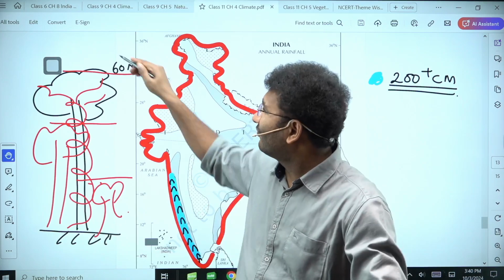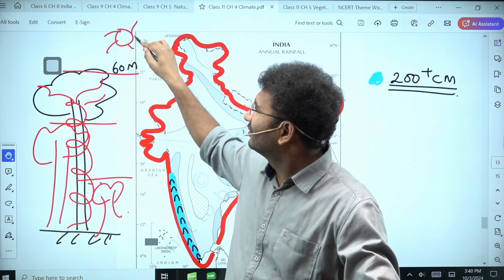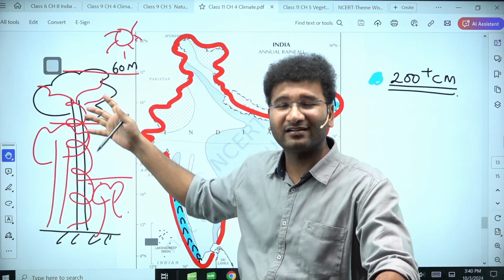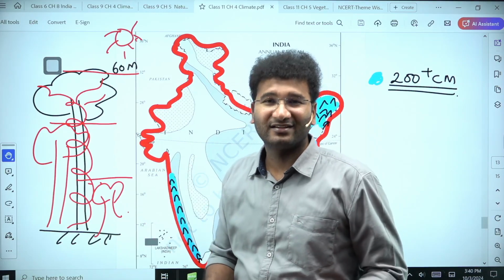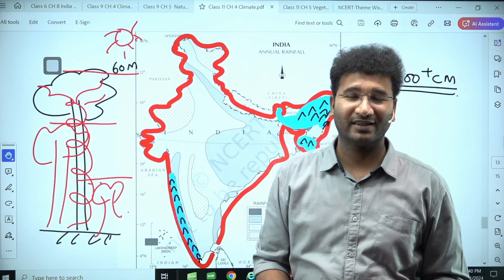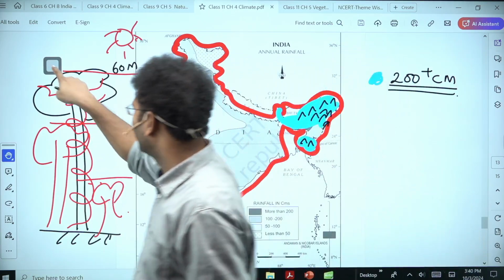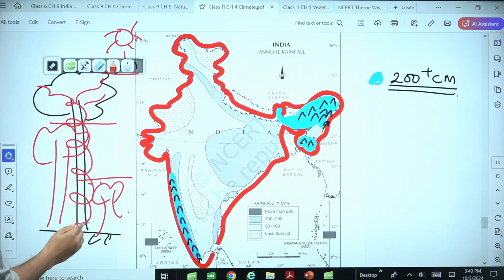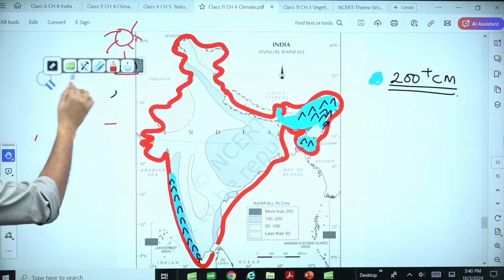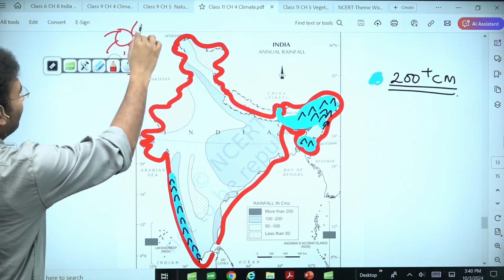So this is the fight for the sunlight. Whosoever is fit enough will go and find sunlight. Whosoever is weaker changes themselves into different colors. They use different means to get their food. So this is how the vegetation is going to be in this part of the area, right? And what are the crops that are grown here?